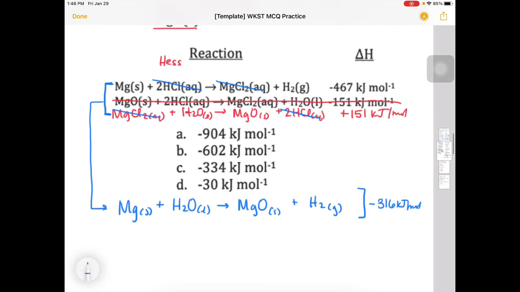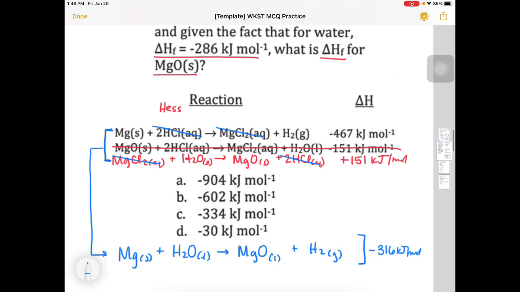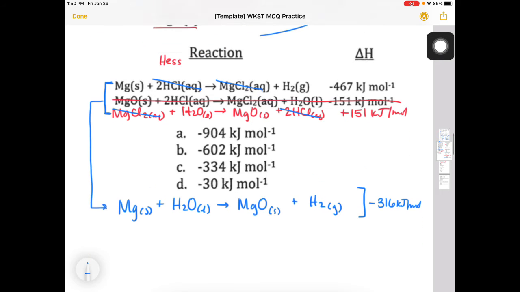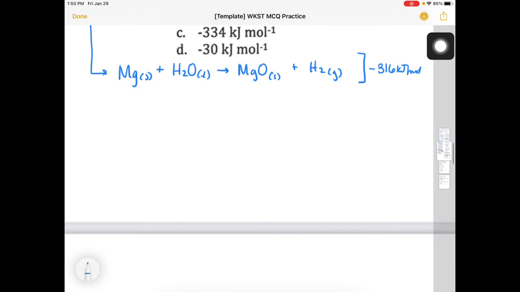Now, in the prompt, it tells us the heat of formation for water, and it's asking for the heat of formation for magnesium oxide. So now I can use the heat of formation for water, I can use the delta H for the overall reaction, and I can solve for the heat of formation for magnesium oxide using my summation formula from my reference sheet.